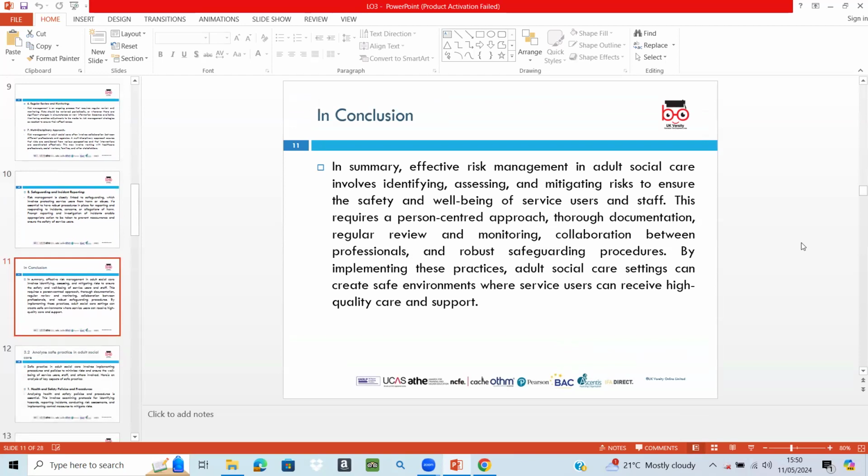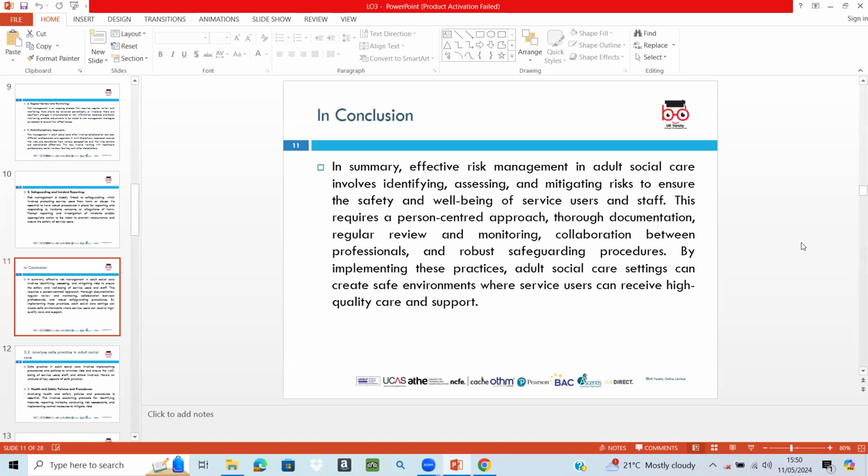Right. So we need to do the conclusion. In summary, we can say that effective risk management in adult social care is about prioritizing the safety and well-being of both service users and staff.